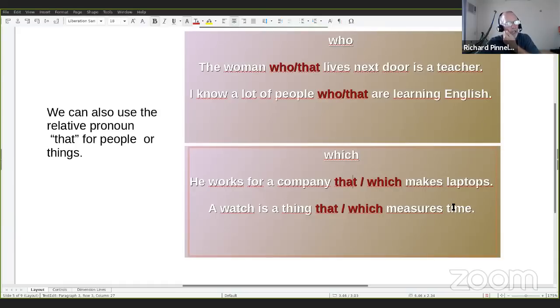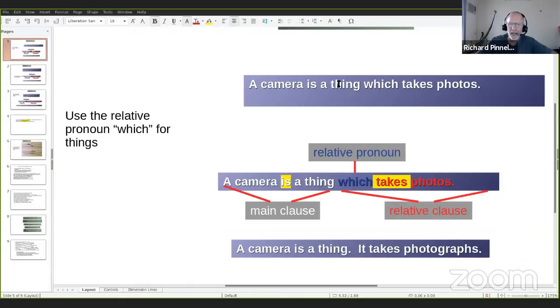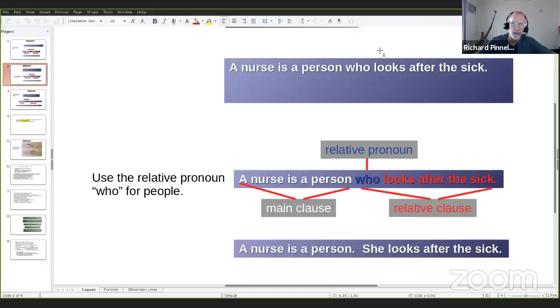So basically, when we're talking about people or things, we can replace this with that. We can say either for people and things. A camera is a thing that takes photos, or a camera is a thing which takes photographs. A nurse is a person who looks after the sick, or a nurse is a person that looks after the sick.